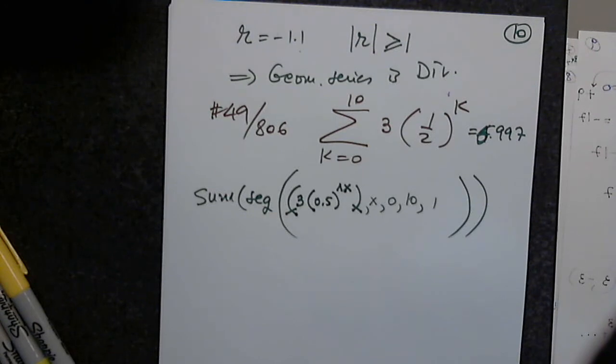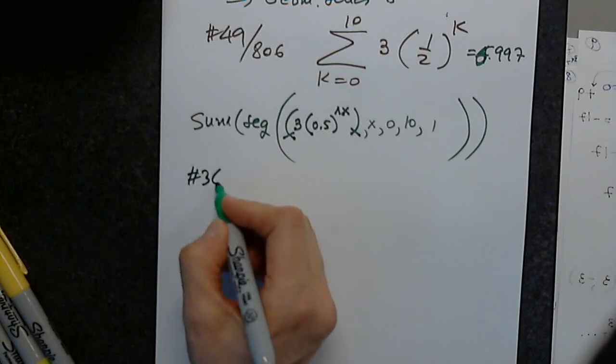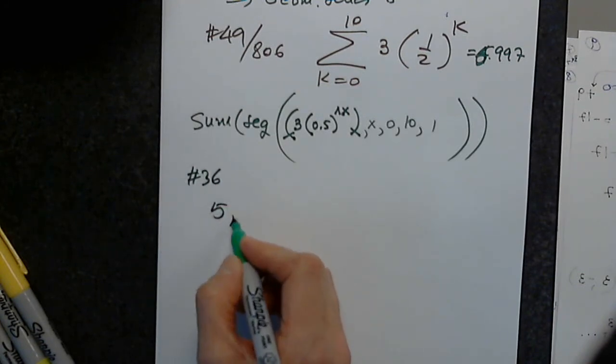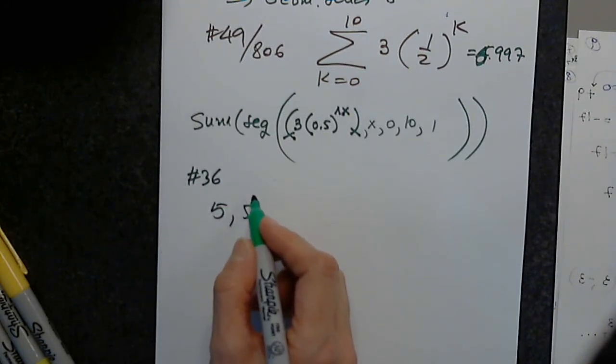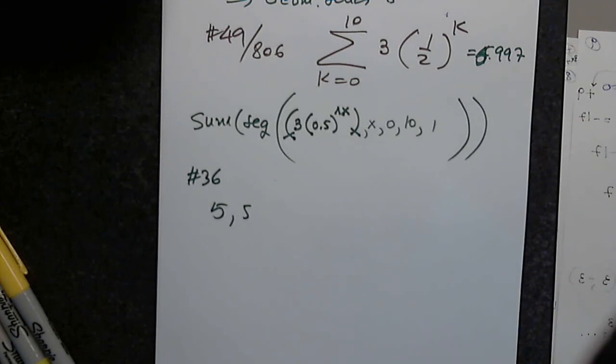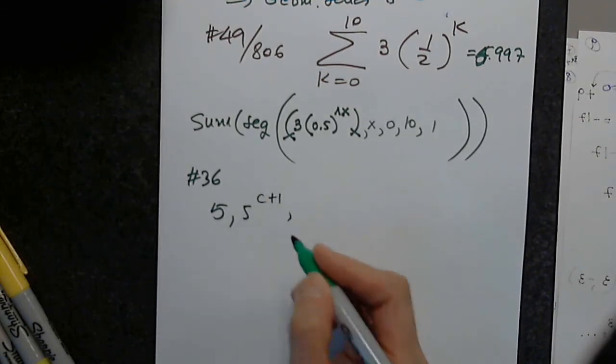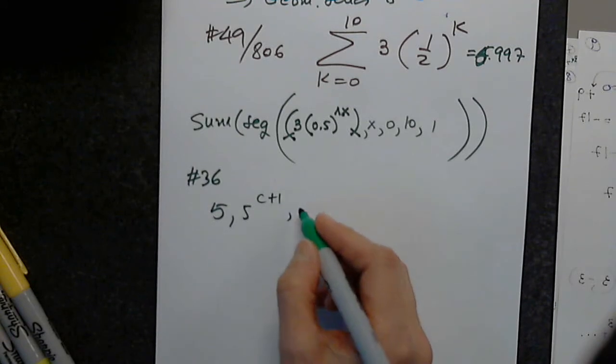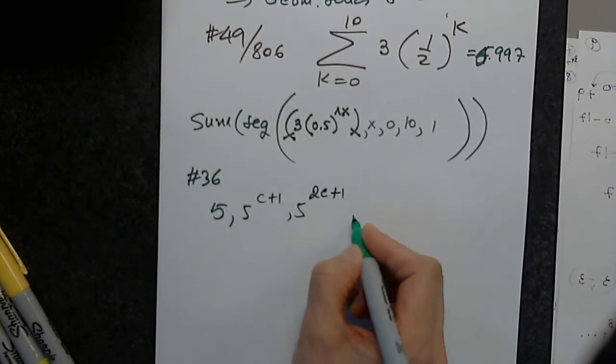Determine the common ratio, the 5th term and the nth term of the geometric sequence. 36 caught my eye. So it's 5, comma, 5 raised to c plus 1. Next is 5 raised to 2c plus 1.